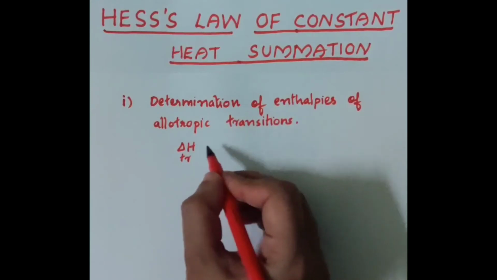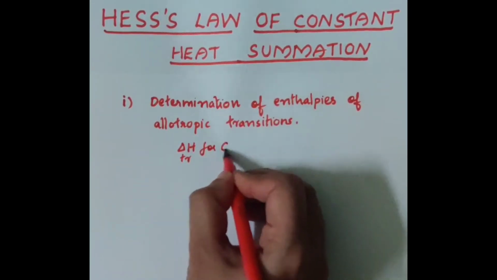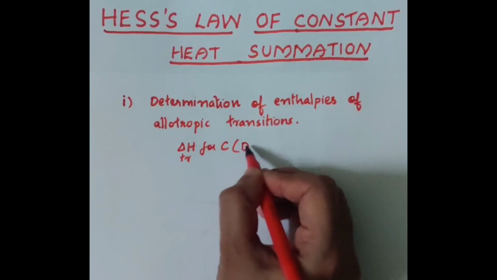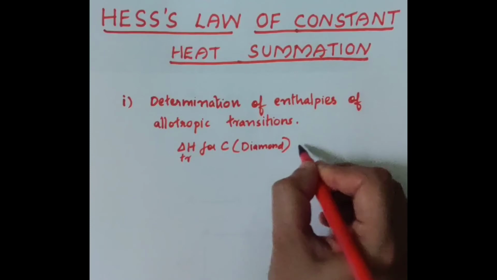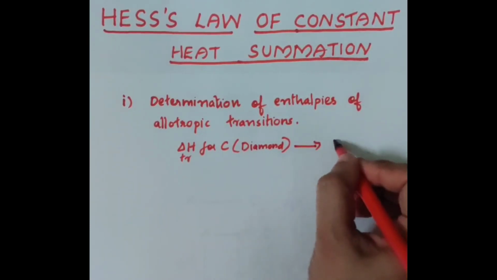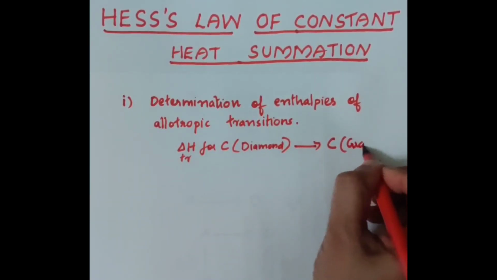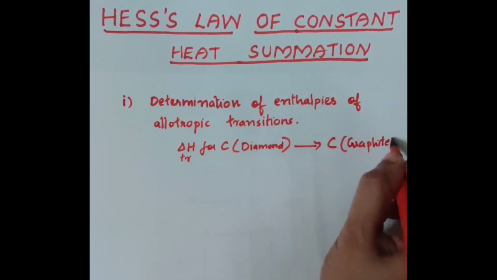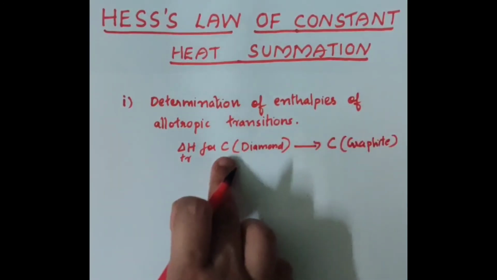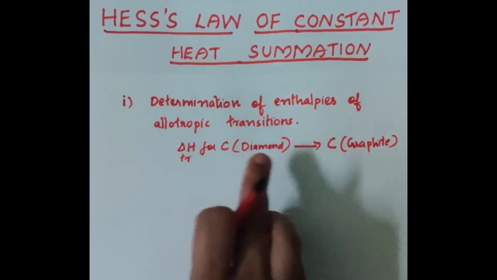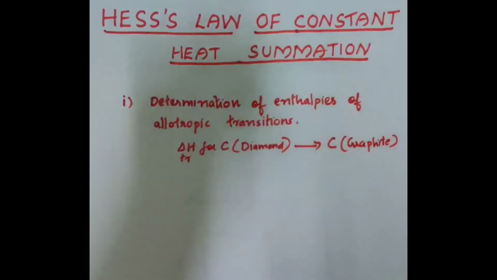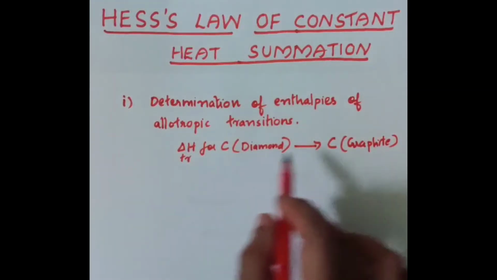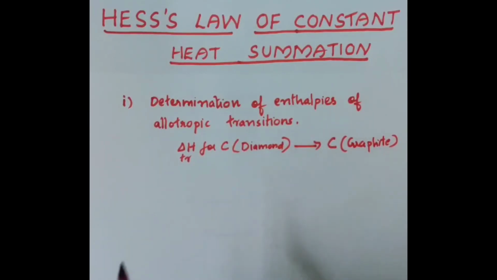Delta H transition for carbon in diamond form converted into carbon in graphite form is the enthalpy of this reaction, which cannot be directly determined, and we can calculate the enthalpy of this allotropic transition by using Hess's law.